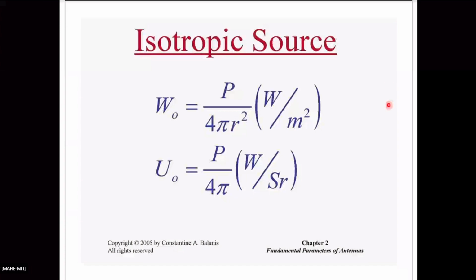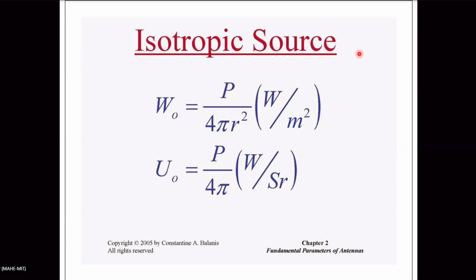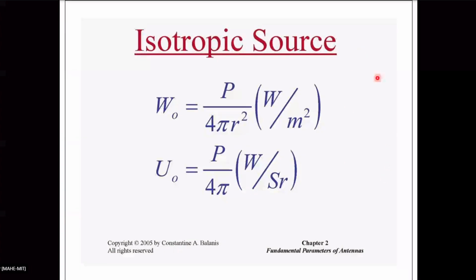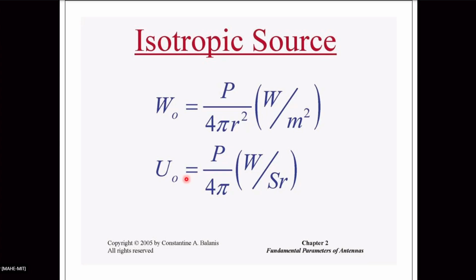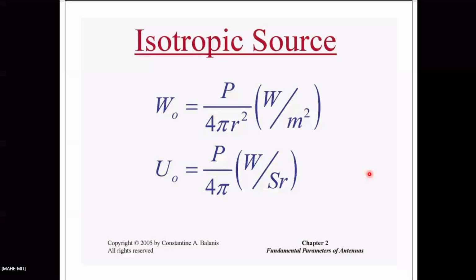In general, WAV and U can vary from point to point on the surface of the sphere. But for an isotropic source, WAV is constant and U also is constant, so they are equal to W naught and U naught respectively. Have you understood? These things are very, very important. Yes.